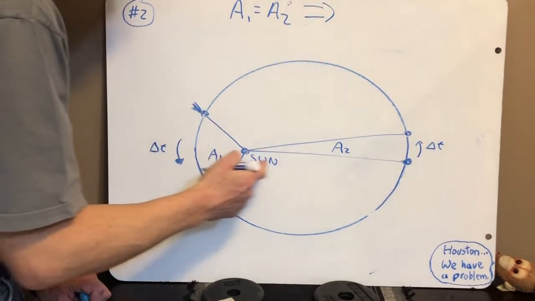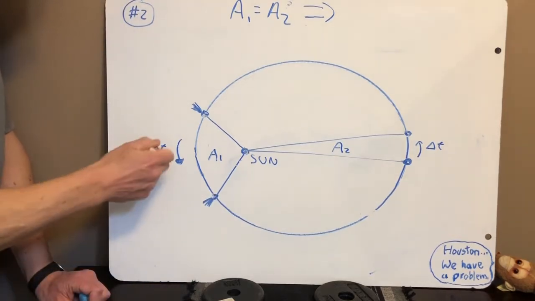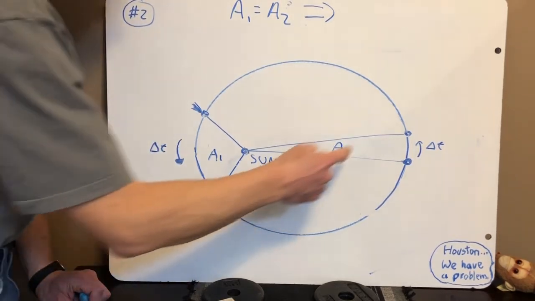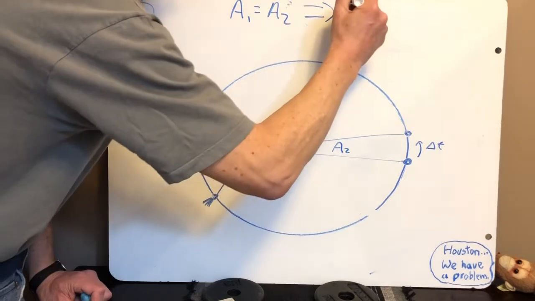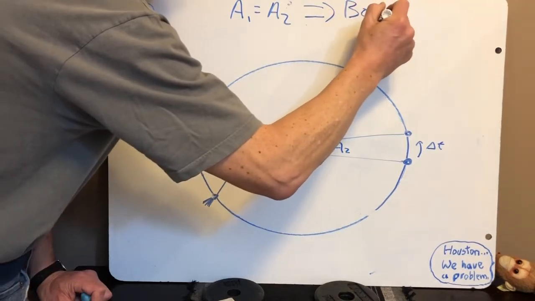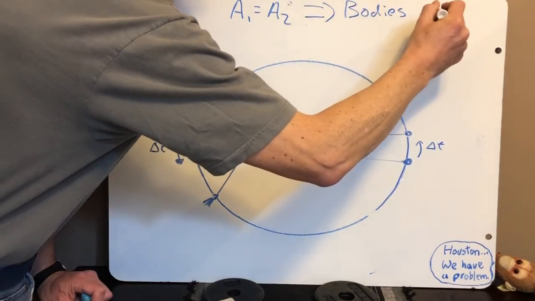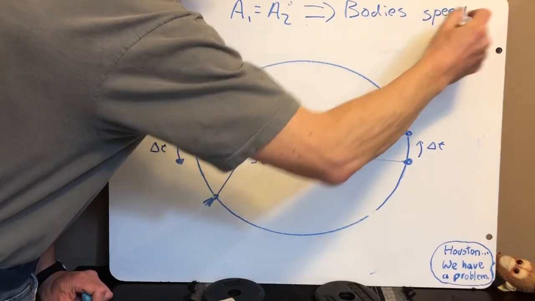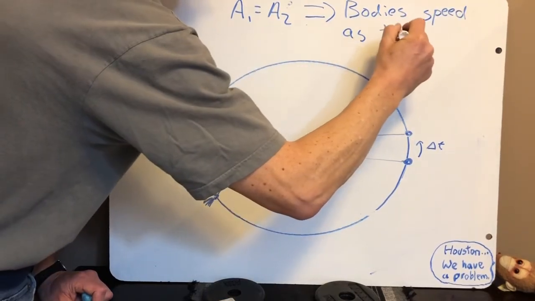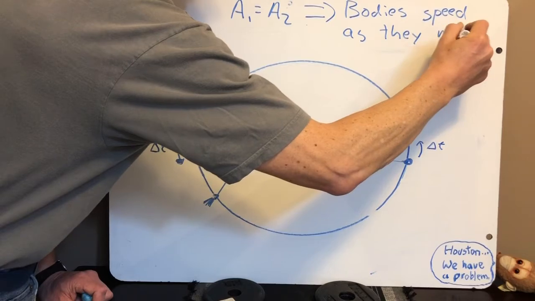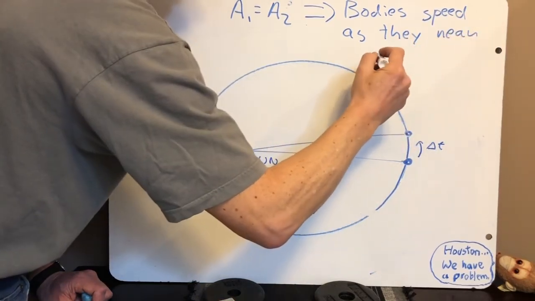These two areas are equal, so that means it's got to be traveling faster over here than it is over here. So basically, Kepler's second law tells us that bodies speed up as they get near the sun.